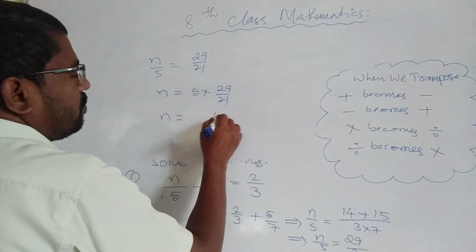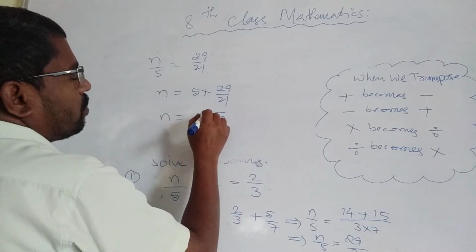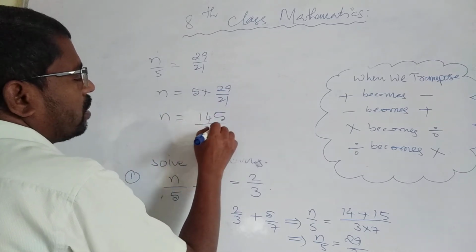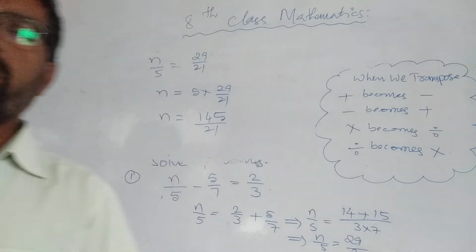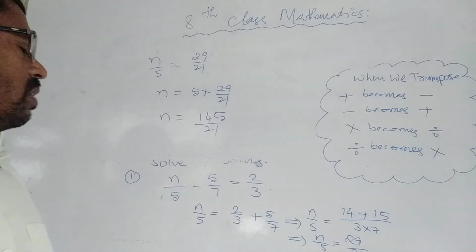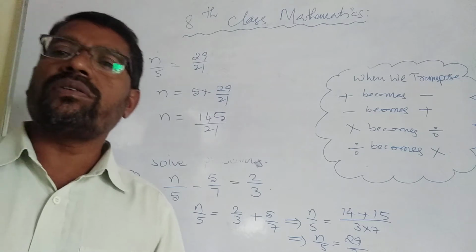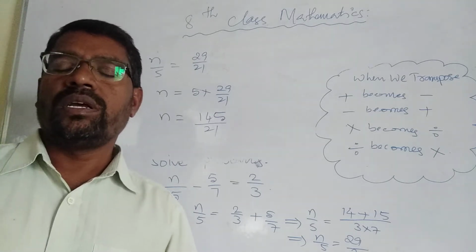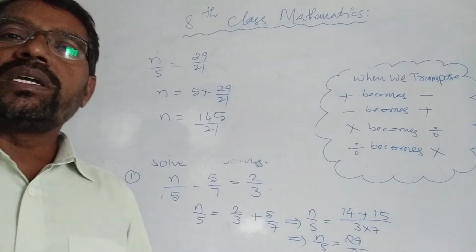So 5 nines are 45, 5 twos are 10 plus 4 is 14, so 145 by 21. n is equal to 145 by 21 is the answer. This is the solution. Therefore the solution n is equal to 145 by 21, or if you want to change this into a mixed fraction, no problem. Like this you can find it out easily.